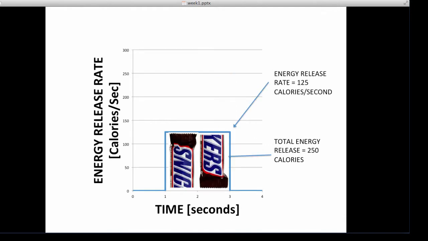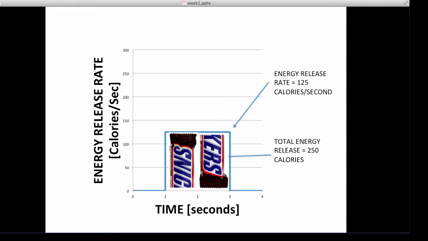Let's say that I'm a little less greedy when I eat my Snickers bar, and now I'm taking 2 bites, or 2 seconds, to release all the energy from this Snickers. Okay? So the area inside our little box here is still the 250 total calories of a Snickers bar. So the total energy release is still 250.